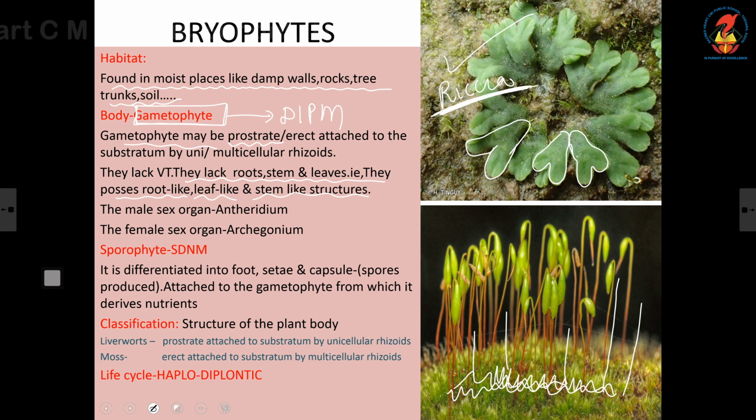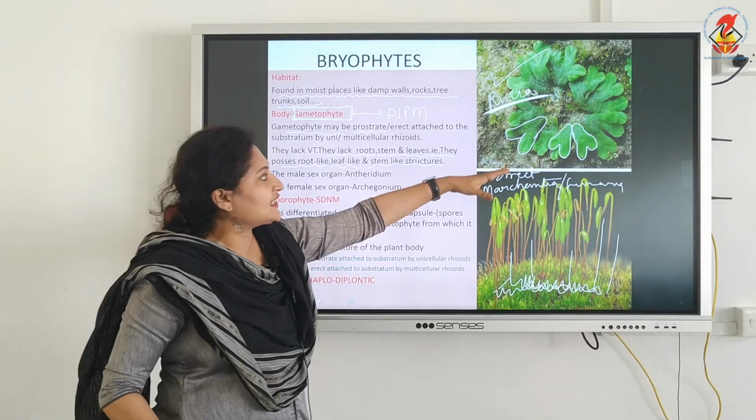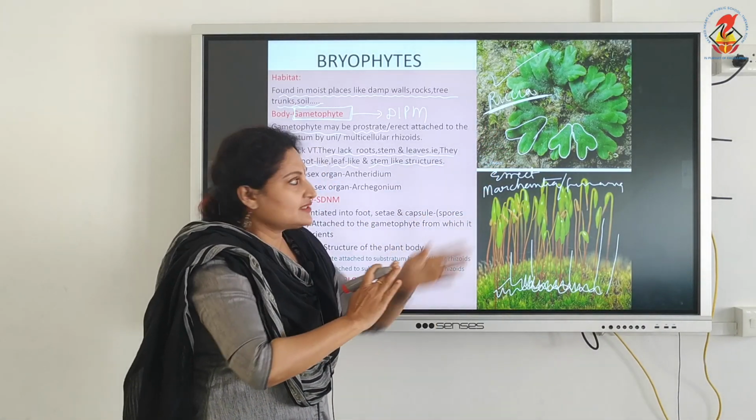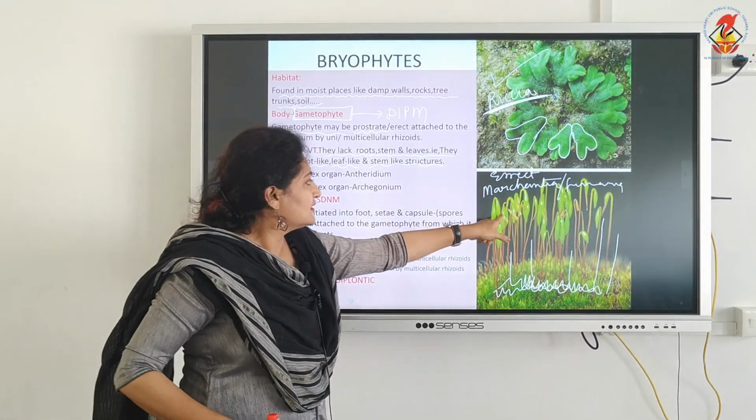It is prostrate, meaning it is dorsoventrally flattened and appressed to the walls, fixed to the walls. Or it can be erect, as in Marchantia or Funaria. So I hope you have understood the two types of body structures.